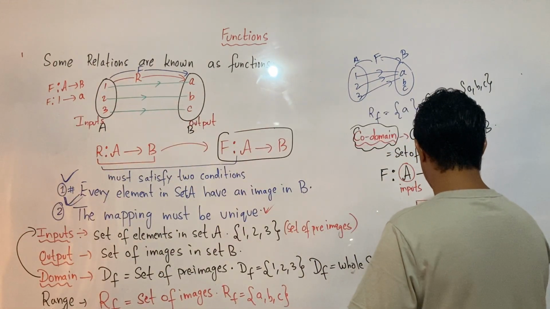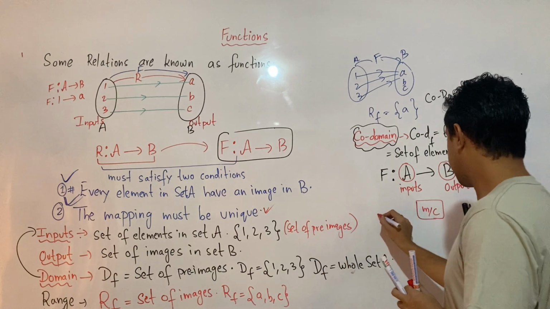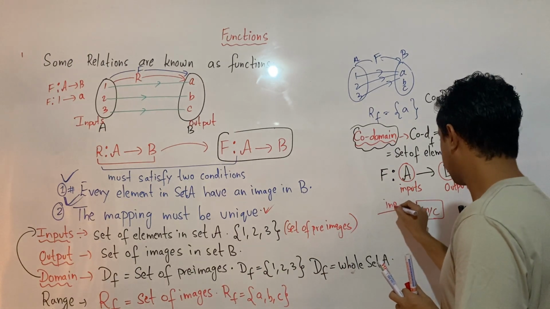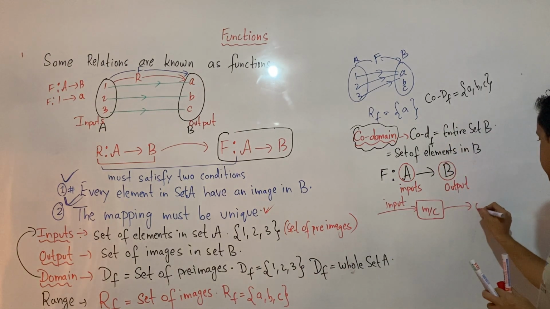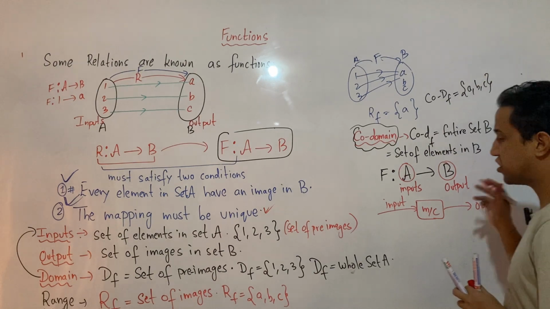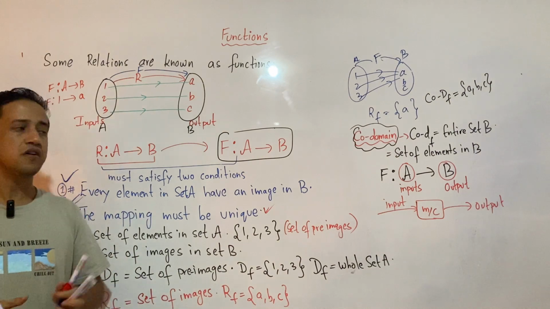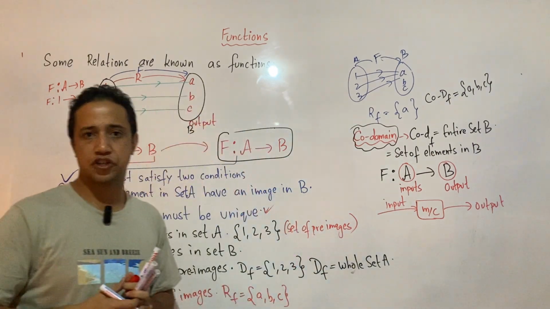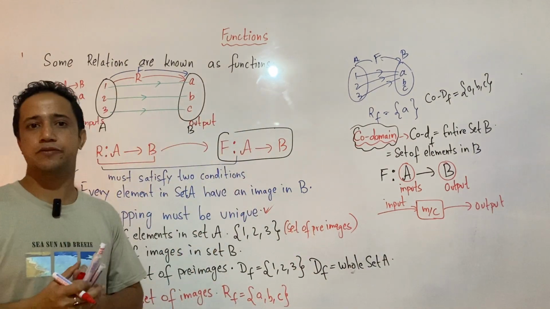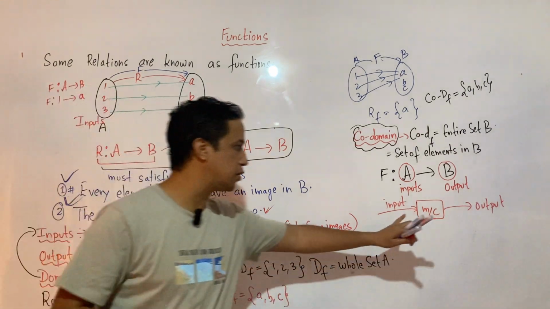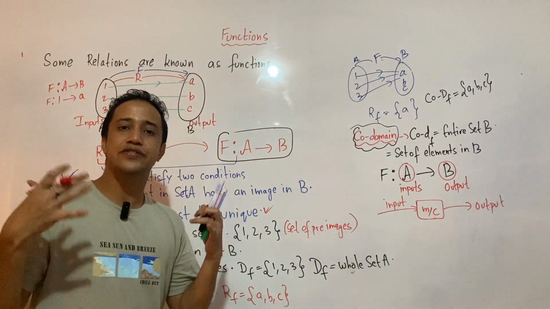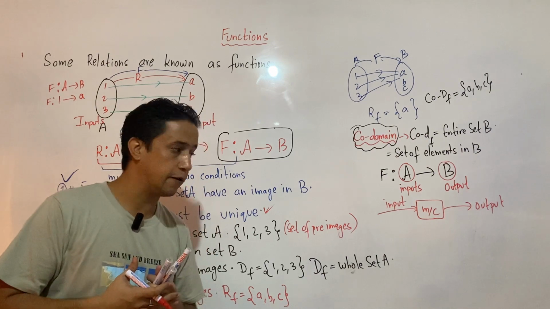What is the use of a function? A function simplifies the operation, simplifies the calculations, simplifies math. What is the purpose of a machine? A machine simplifies the work. Understand?